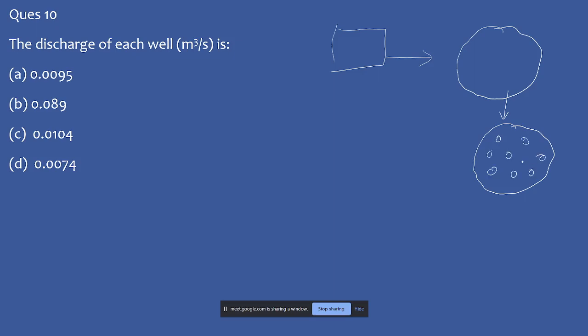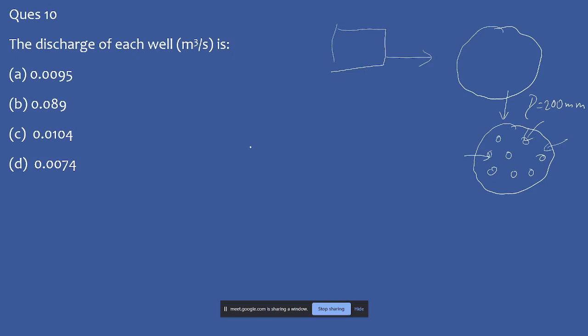This can be any number of wells, but the only information given to you is that this well point has a diameter of 200 mm. Right now you need to evaluate how much discharge is going to pass through each well.